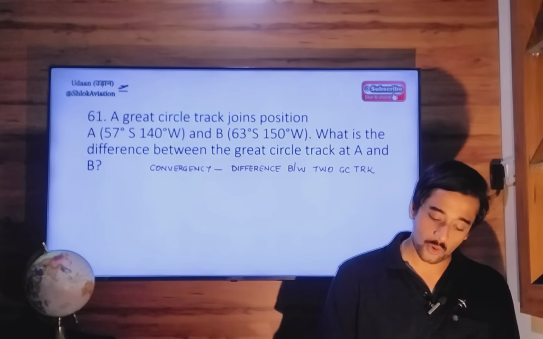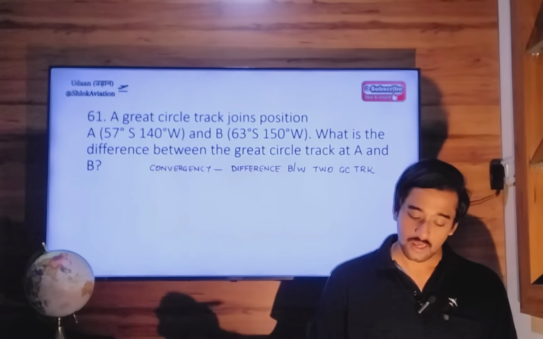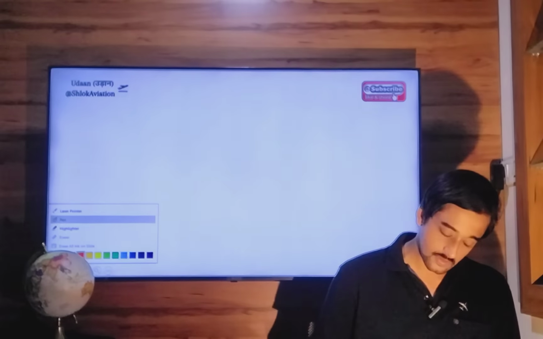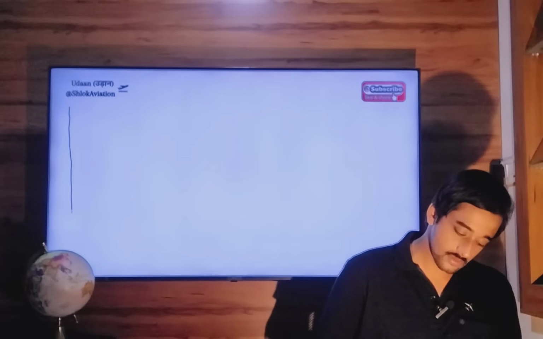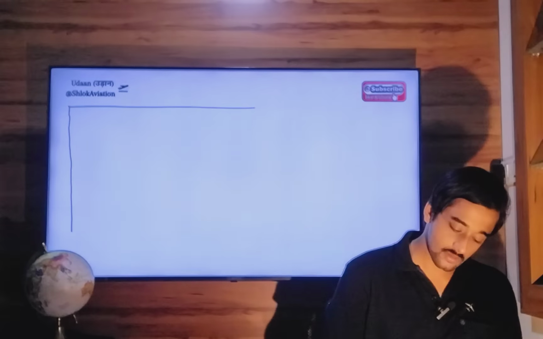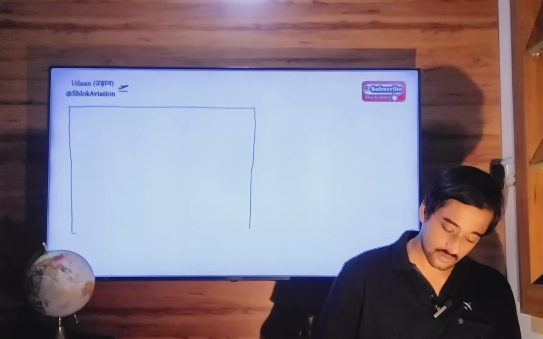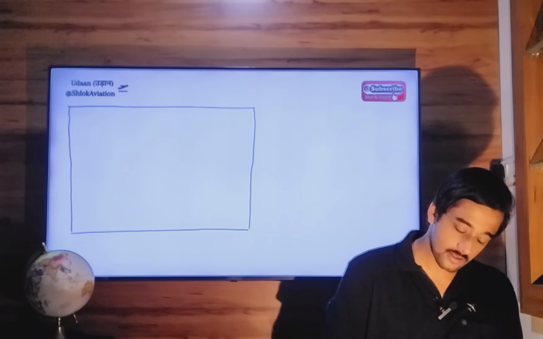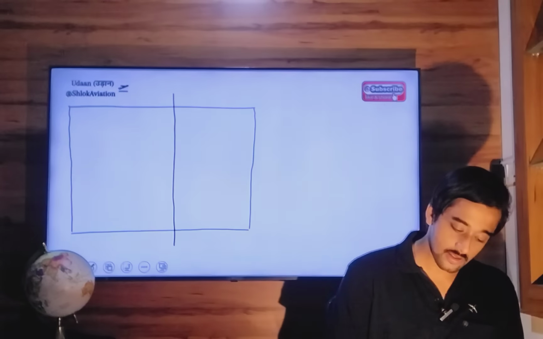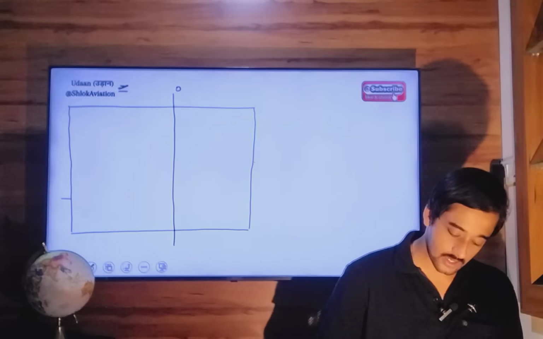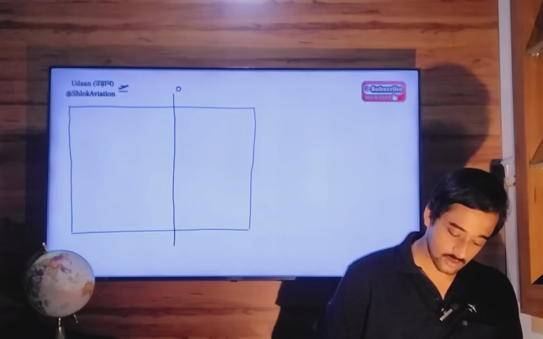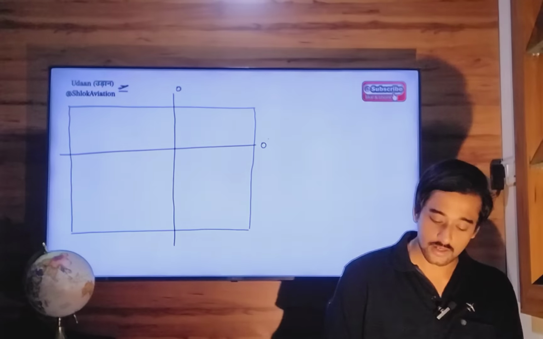Now these two points are in the south hemisphere. 57 south. So let's say this is your prime meridian, 0 degree. This is your equator. Okay.